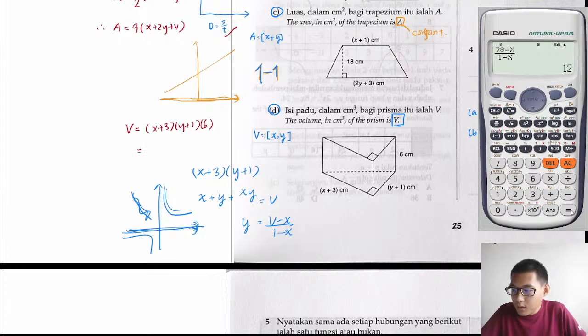Because it's a triangle we need to take a half, so it's 3x plus 3 times y plus 1, also can. So we'll stop right here. But the answer given here is expanded, factorized, so also can.